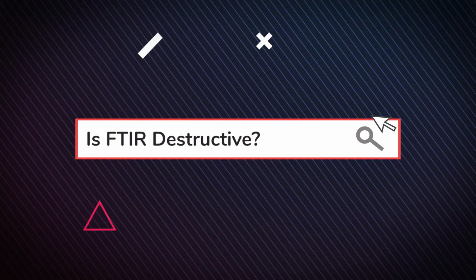Is FTIR destructive? No, it's not fundamentally a destructive technique, so you don't destroy your sample by analysing it. In some ways it can be considered destructive, in the sense that, particularly for quantitative analysis, you might need to homogenise your sample. In terms of mineralogy, you might need a pulverised sample, which is fundamentally destructive to the original sample. But there are techniques if you have to preserve the integrity.